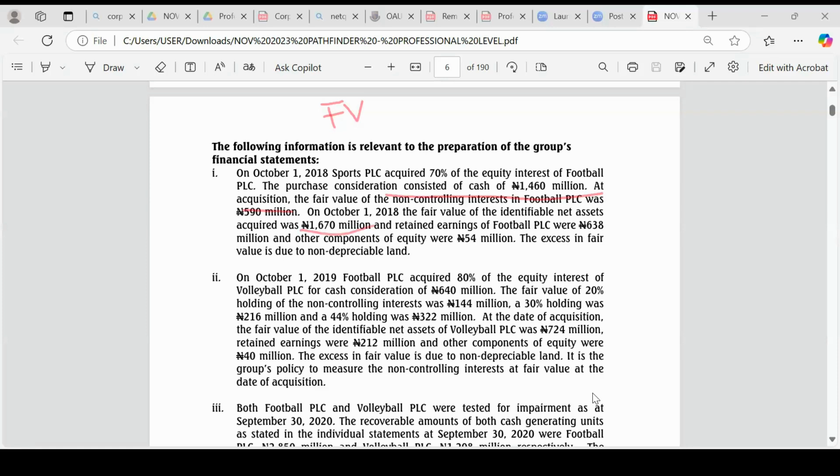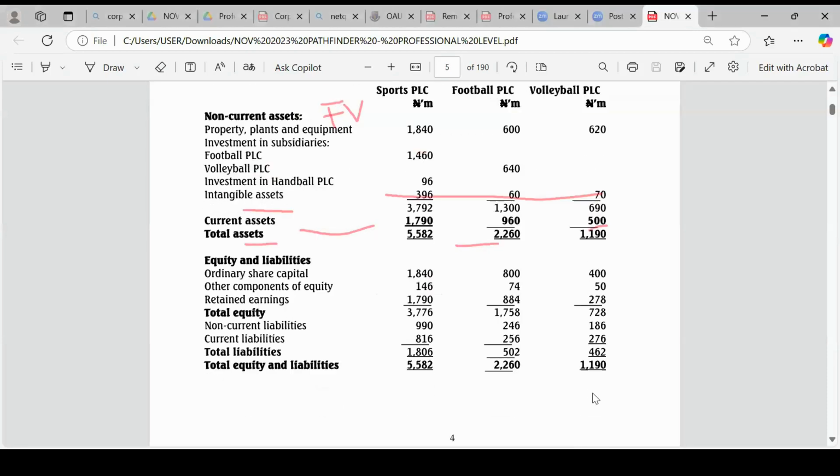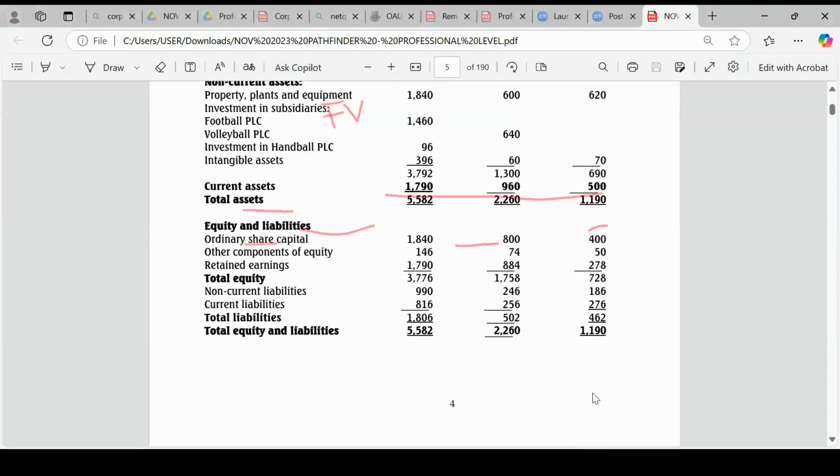On October 1st, 2018, the fair value of the identifiable net assets acquired was 1,670 million. And retained earnings were 638 million. Then we have other components of equity summed up altogether, 54 million. Typical me, I would quickly go and check my SOFP. Was it stated that way? Yes, they stated it all together.